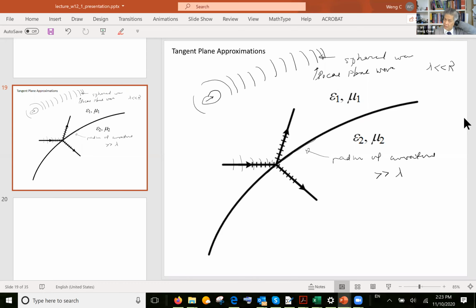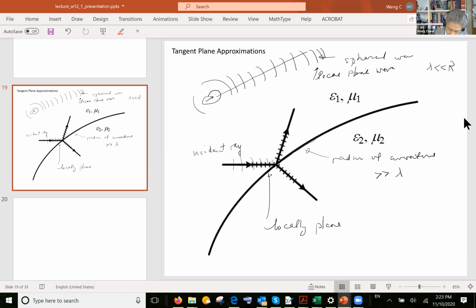Then you can also argue that this surface is locally plane. And because this surface is locally plane, the way it reflects an incident wave or incident ray, you can think of this now as an incident ray.